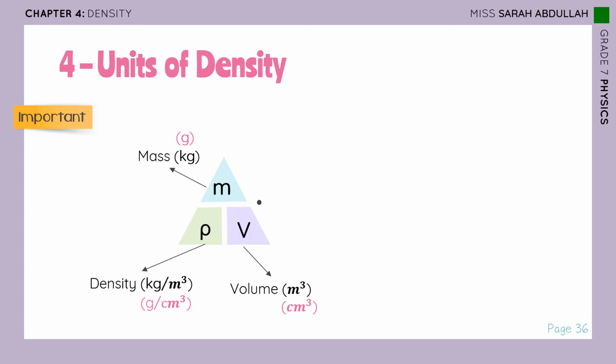Now, how can I use this triangle to get the mass or the volume if I was asked to? Okay, for me to find the density, you guys already know that density equals mass over volume, but let's use the triangle. Density equals mass at the top over the volume at the bottom.